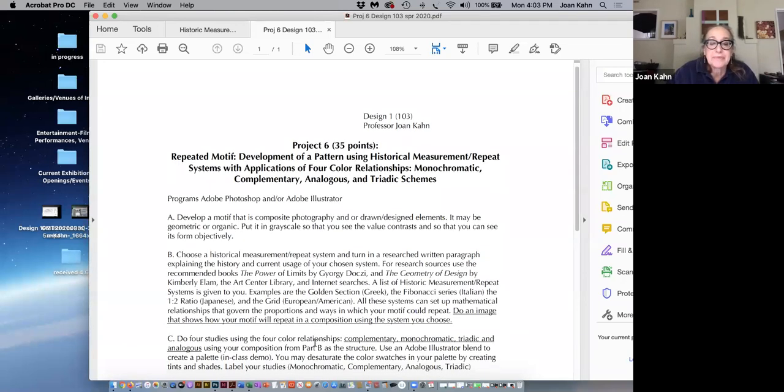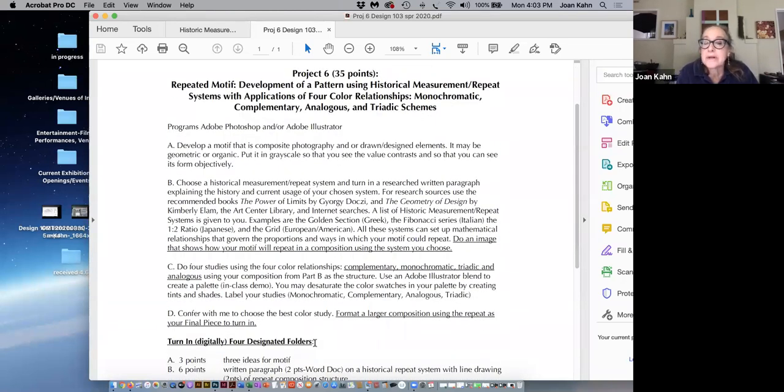Part C, do 4 studies using the 4 color relationships: complementary, monochromatic, triadic, and analogous, using your composition from Part B as the structure. Use an Adobe Illustrator blend to create a palette, and I showed you already for the last project.